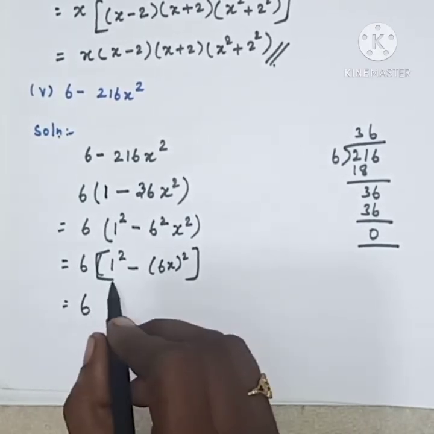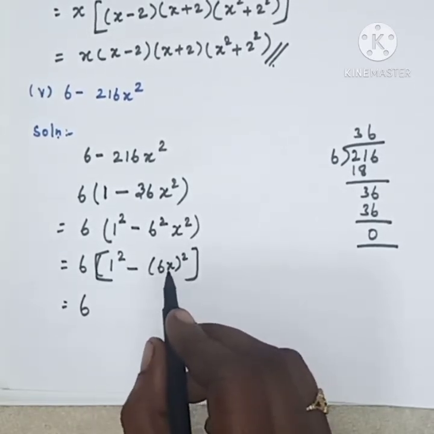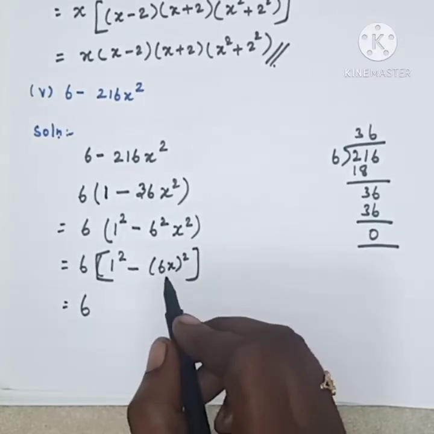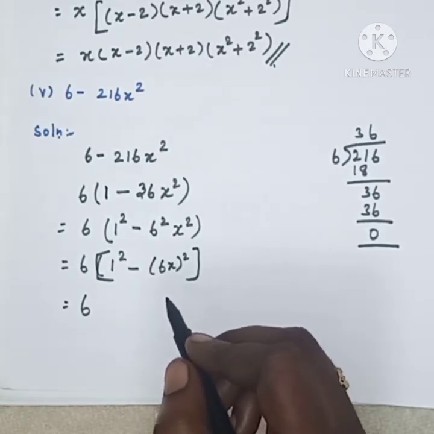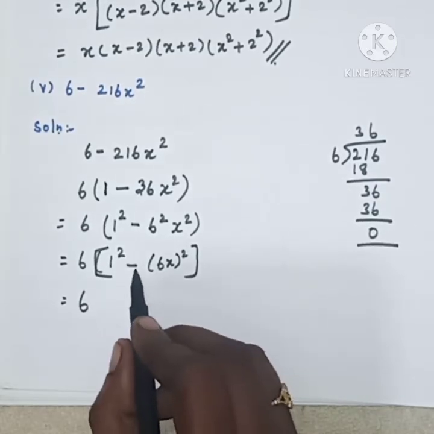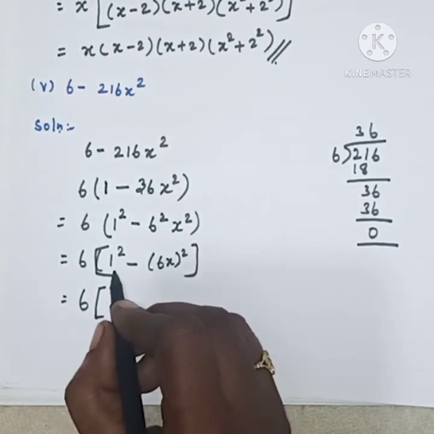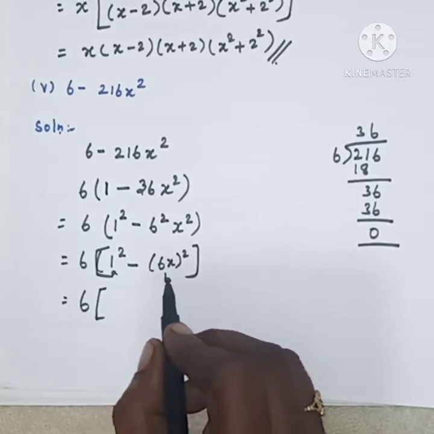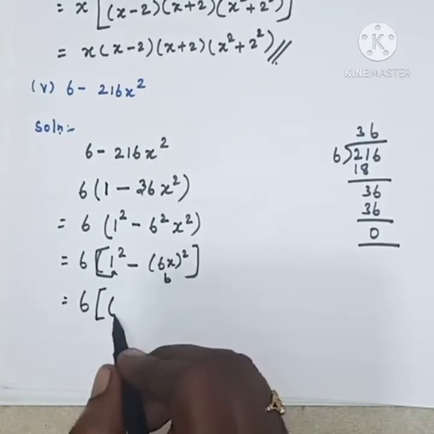So this expression is looking like the identity a square minus b square. We know that identity already. A square minus b square is equal to a minus b into a plus b. So 1 square minus 6x the whole square can be written as, take this one as a and this as b. So a square minus b square can be written as a minus b into a plus b. So a is 1 here.